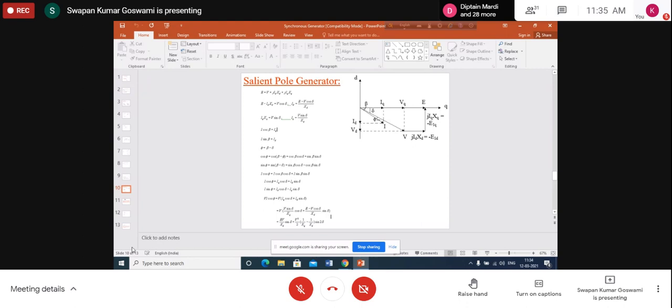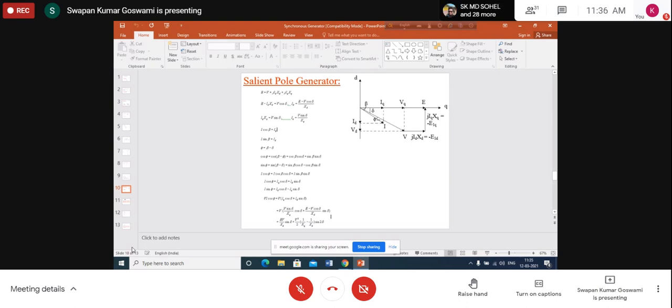Armature reaction will be represented along the pole axis. Why they call it two reaction theory. That means what we shall be doing here, we shall be representing the salient pole type generator or salient pole type motor, whatever may be, by two reactances, one along the direct axis, along the pole axis, another along the quadrature axis.